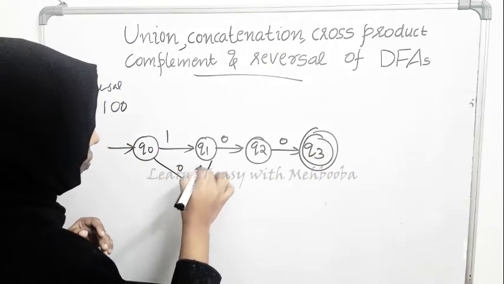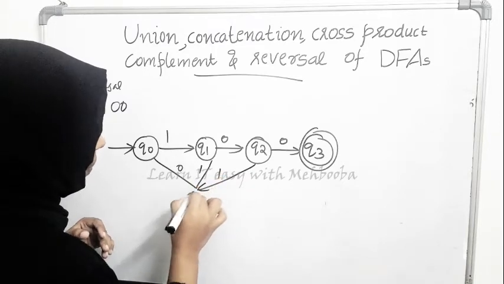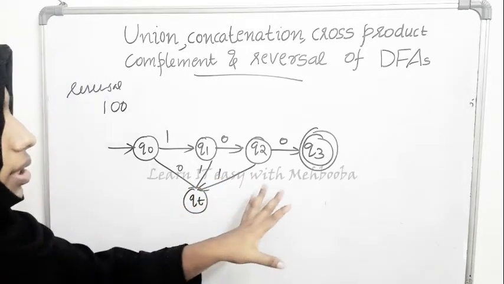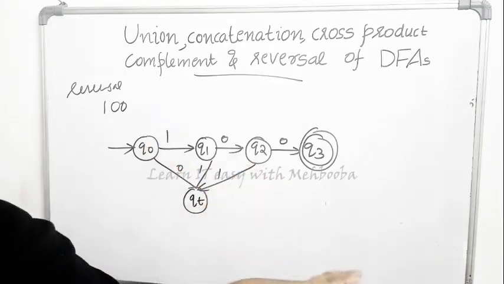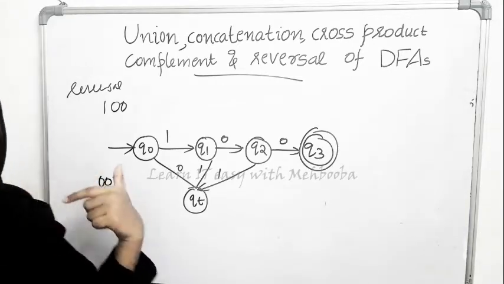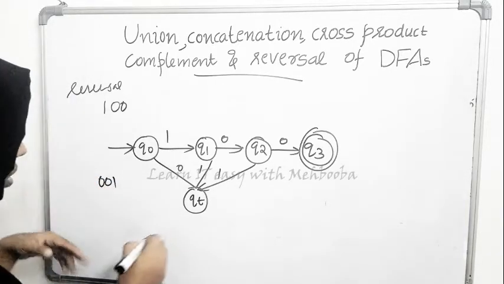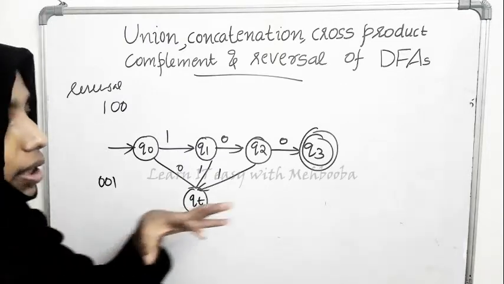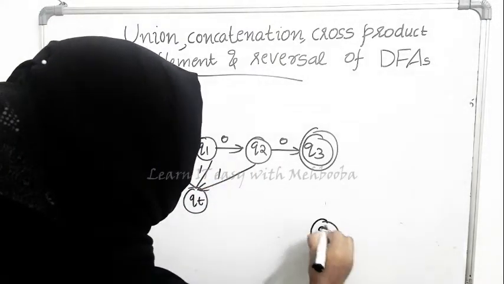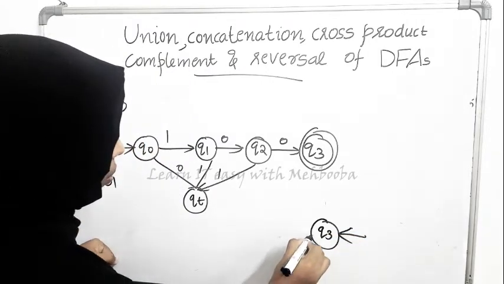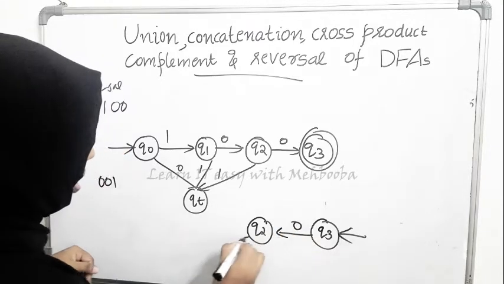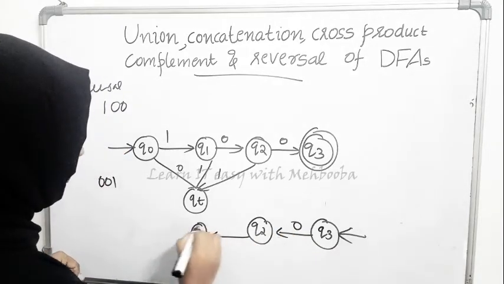If 0 comes in the first state, or 1 comes in the next state, that will be sending you to the reject state QT. There is also a 0,1 loop around QT. Now to get the reverse DFA, you have to make the final state the initial state, and the initial state the final state, and flip the direction of all the arrows.